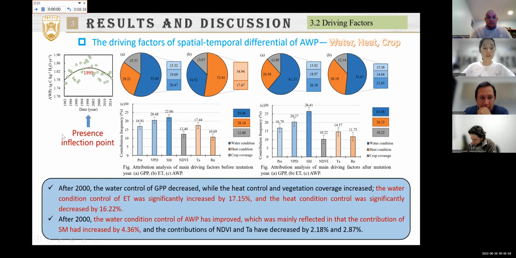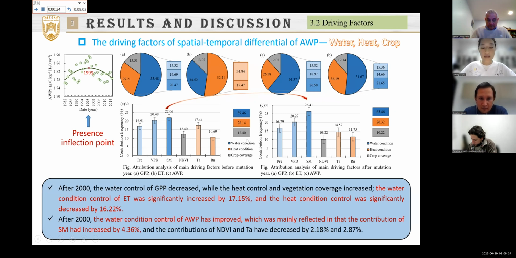As we mentioned in part 1, we found that 1999 was the mutation year, so we further explored the mechanism difference before and after the mutation year. The attribution analysis of main driving factors before and after the mutation year is presented.